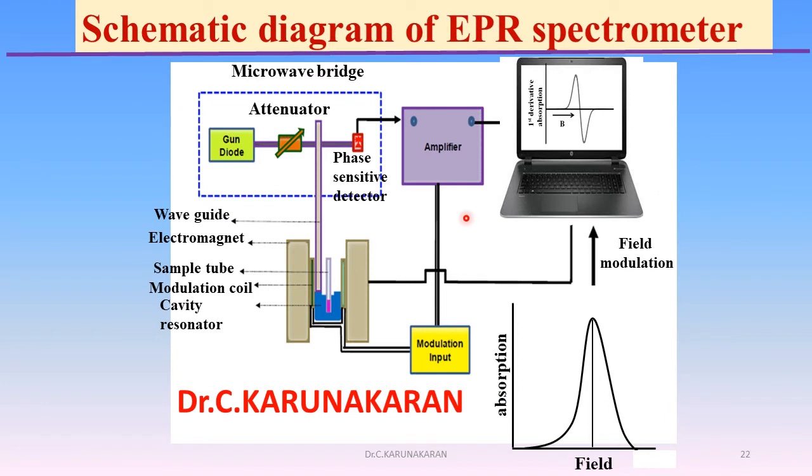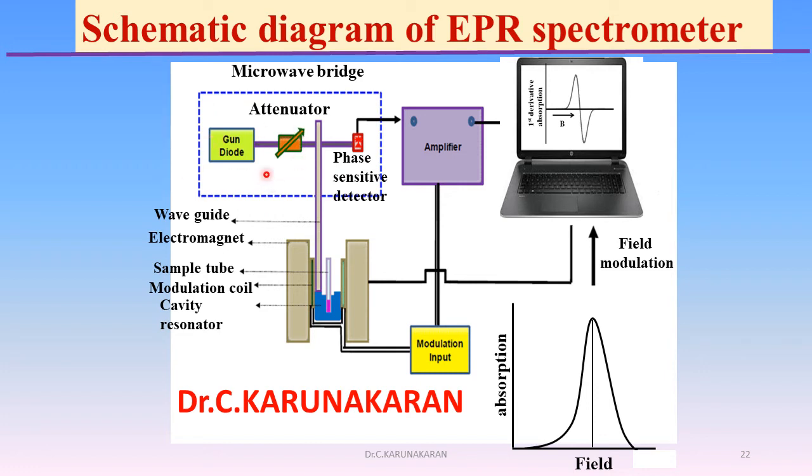Here I have shown the schematic diagram of an EPR spectrometer. It consists of an electromagnet similar to NMR, a sample holder, and an amplifier and detector. In this case, we use a microwave bridge, which is used to generate monochromatic microwave radiation. For example, it is 9.8 gigahertz.